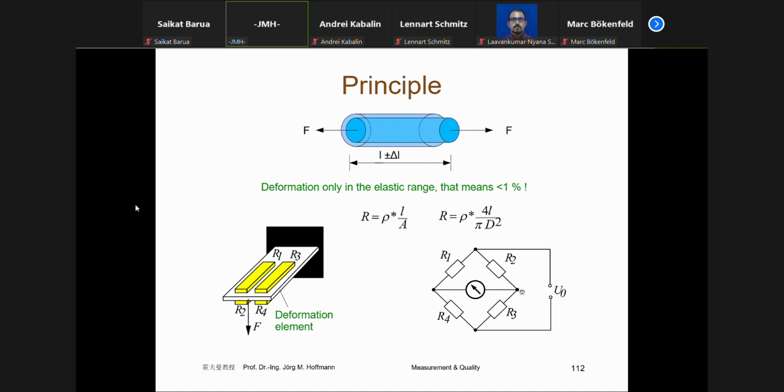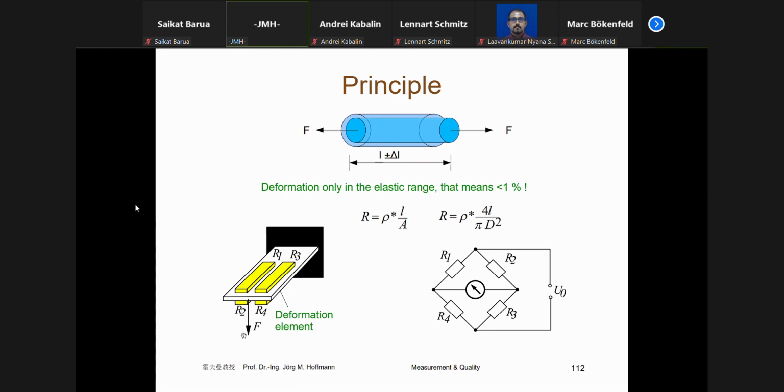On the other side, I would like that the voltage is going up, so that you have a maximum diagonal voltage. That means R3 has to increase and R2 has to decrease. Therefore, R3 is on top.